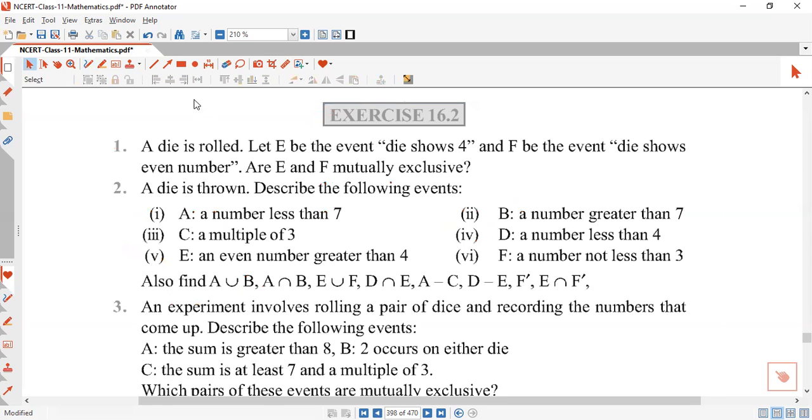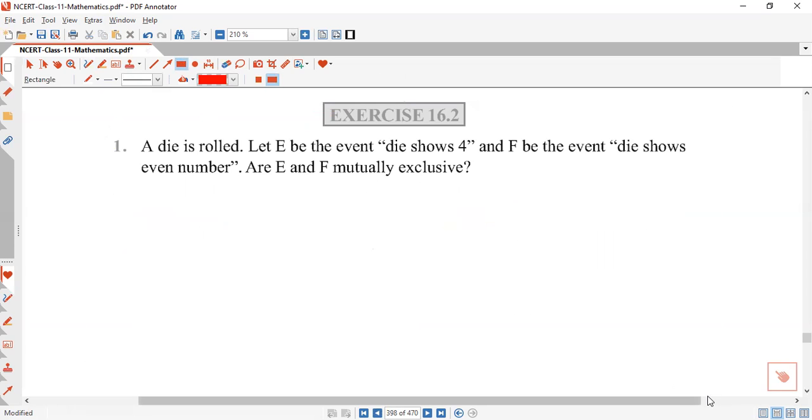Now let's see how we'll proceed in this question. A die is rolled. Let E be the event, die shows 4. First you write down that a die is rolled. So what is the sample space of the die rolled?